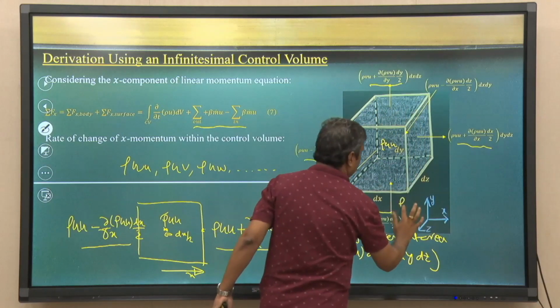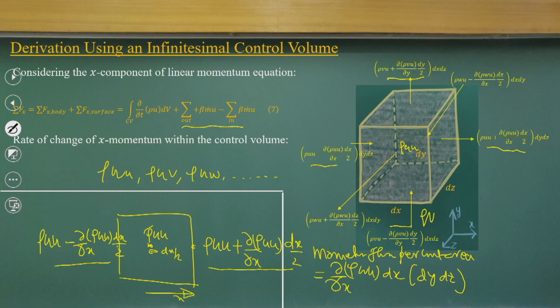Because rho v is a mass flux, similarly rho w is a mass flux. That momentum flux which comes in the u direction is what is represented. The rho v is a mass flux coming into this control volume, having velocity components which cause the momentum flux into this control volume, and similarly it is going out.